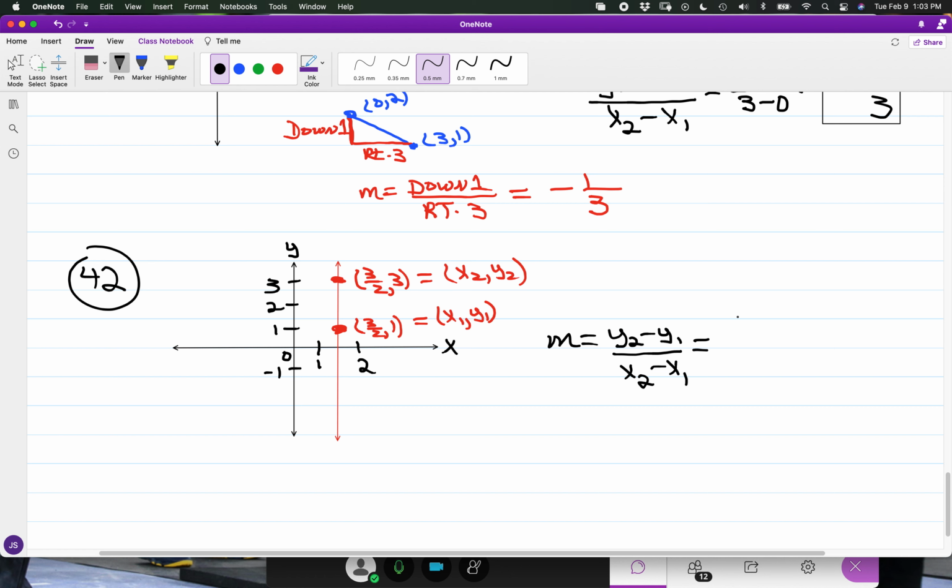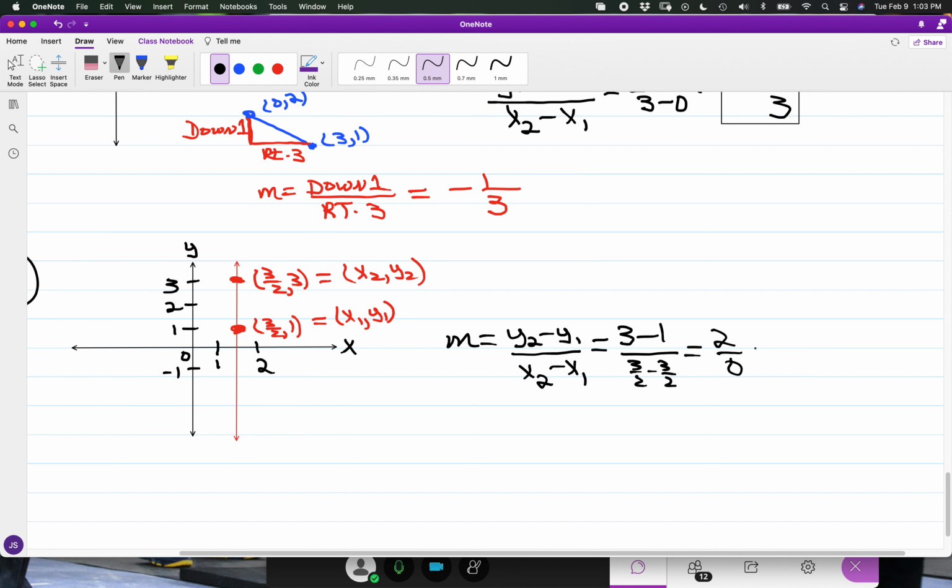Guess what? y2 minus y1, so we have 3 minus 1. x2 minus x1, guess what? We got the same values in x. So in this case, we're going to have the slope to be undefined. So this is going to signal that the type of line we're dealing with is vertical.